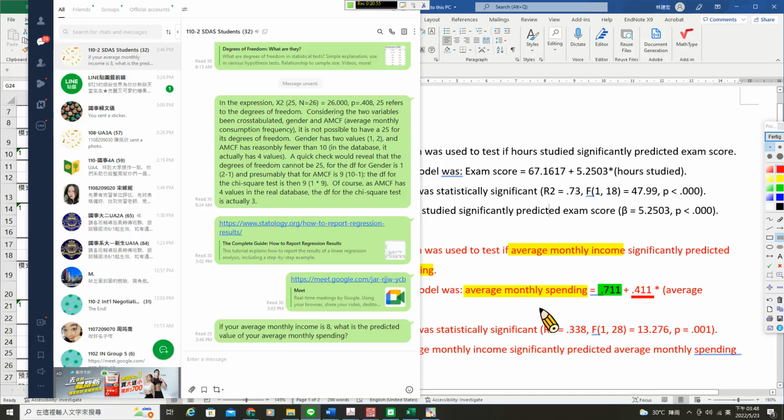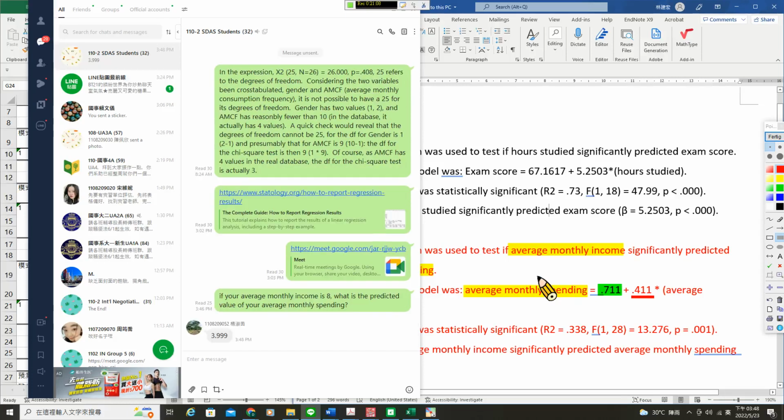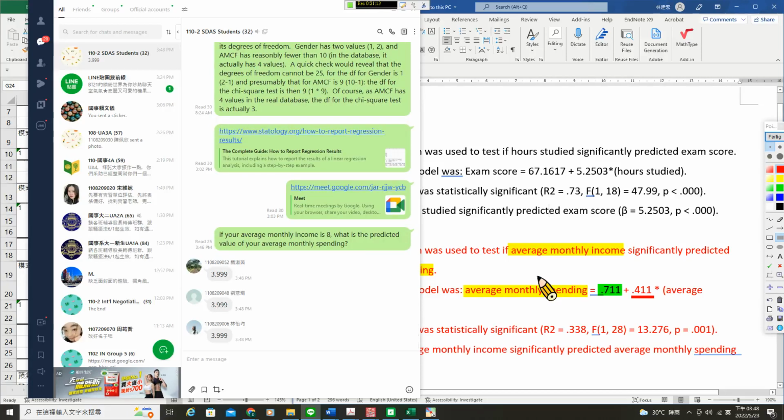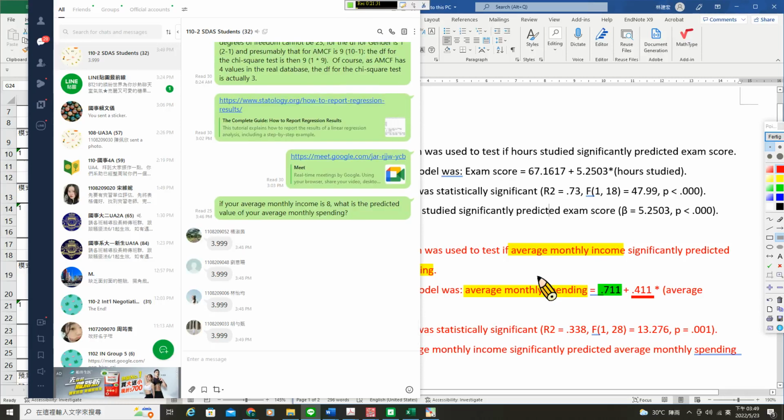Okay, hurry up. Use the formula here to calculate the average monthly spending. And remember, this also serves as your roll call. I want to make sure that you're here instead of just going somewhere.